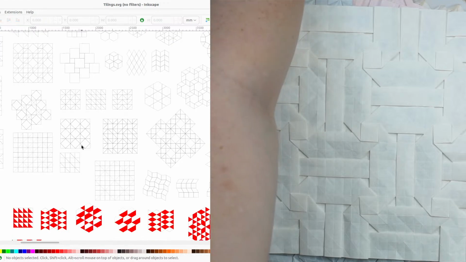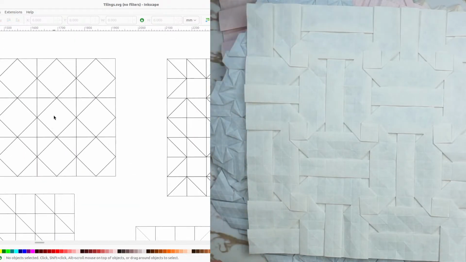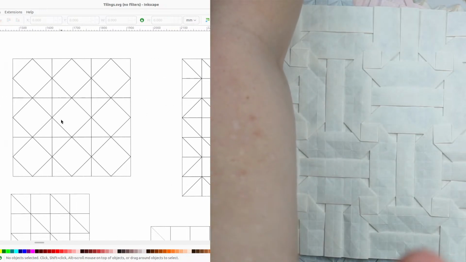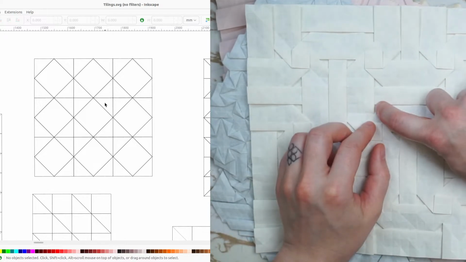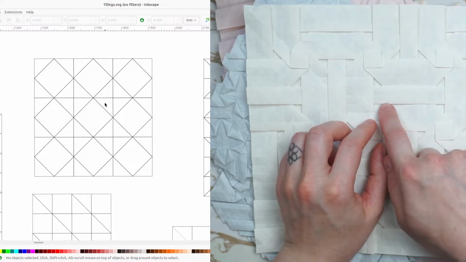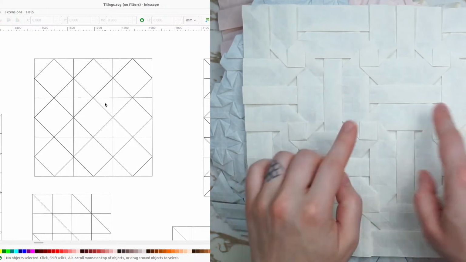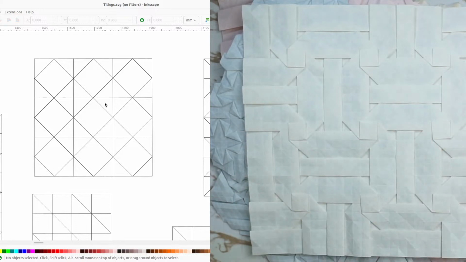Actually, no, I spotted it. So with the diagonals going into the square, we have the horizontals and verticals of the right triangles connecting to other right triangles. You can see this vertical is going to another right triangle, this horizontal is going to another right triangle. And that is going to be true of all the right triangles. Only the diagonal is going to the square.